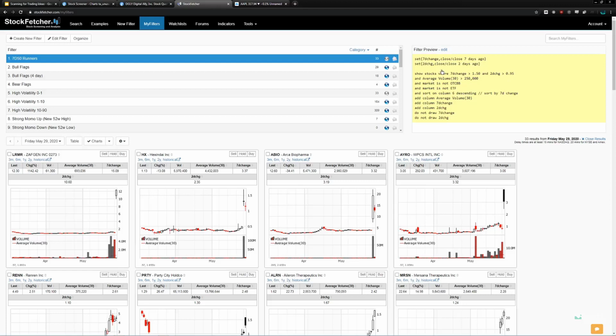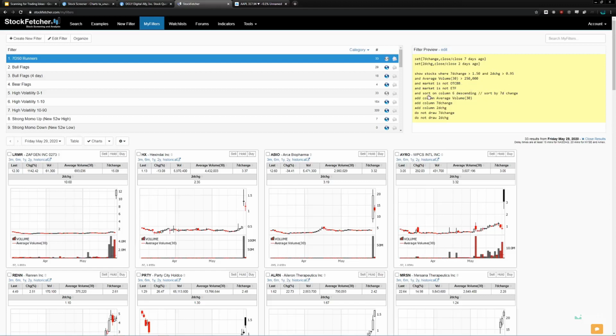And what I'm trying to avoid with this is stocks that have been going up for 7 or 8 or 9 days in a row, but then pulled back like 50%. I'm not really interested in those anymore. So I'm using this to make sure that they only pull back at a max of about 5%. And then there's an average volume filter here, a couple of market filters to make sure that they're not ETFs or OTC stocks.